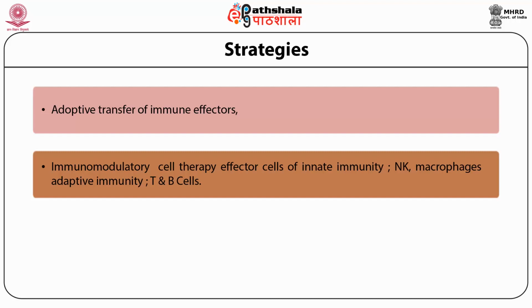Most popular are dendritic cells, effector cells from innate immunity. In adaptive immunity, basically T cells and B cells are popular therapies which are being used in diseases and in clinical trials.